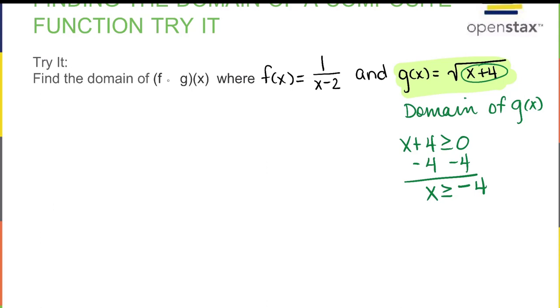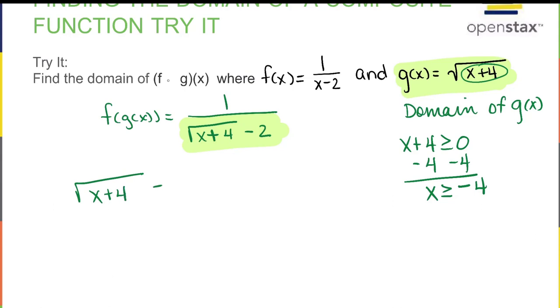Now, over here, for the f of x, we need to really look at it this way. F of g of x is 1 over x, where x is really the square root of x plus 4, because we're substituting g of x into it, minus 2. And what we know is that this bottom, the square root of x plus 4 minus 2, can't equal 0.